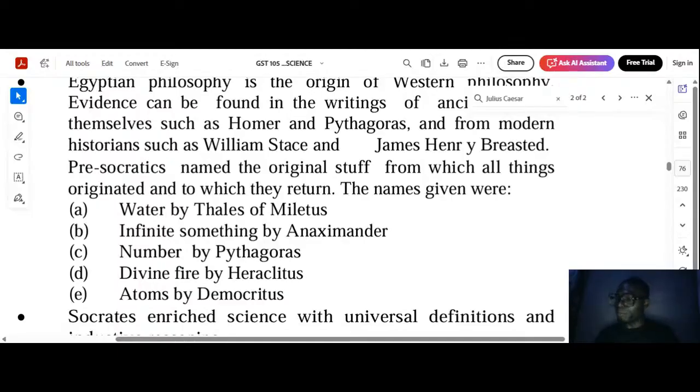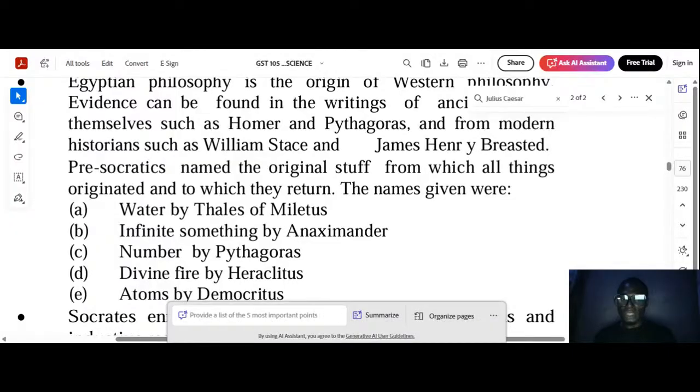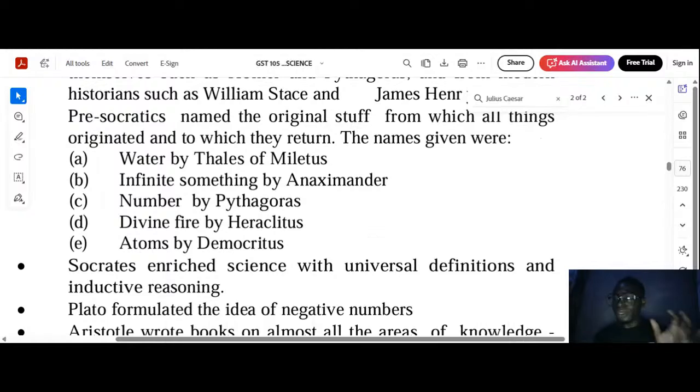Heraclitus believed that we came from divine fire. That is the origin of life according to Heraclitus. Now, by Democritus, we came from atoms.